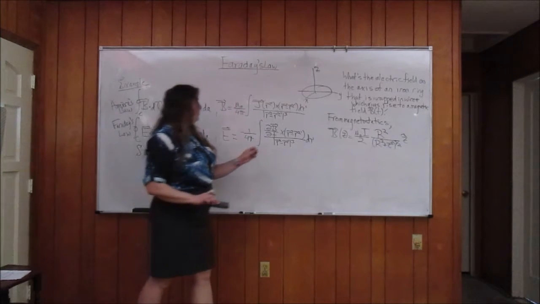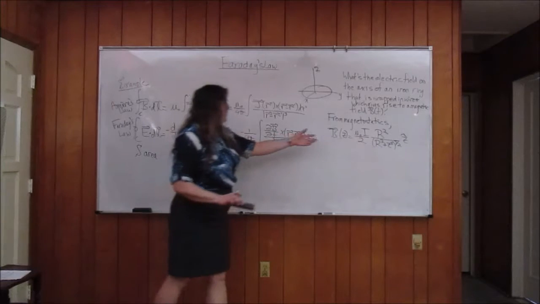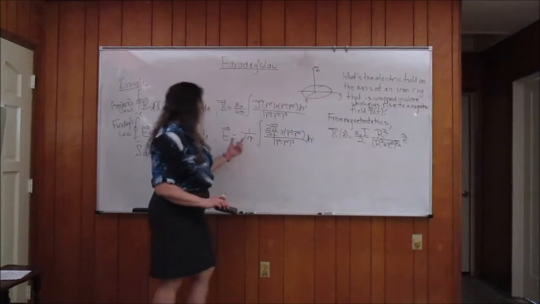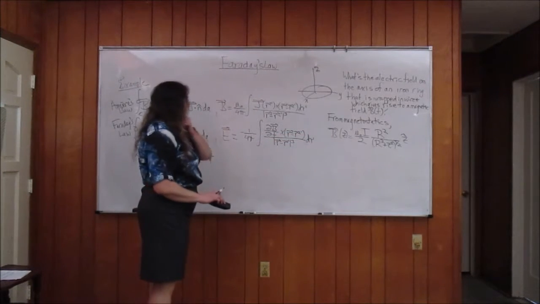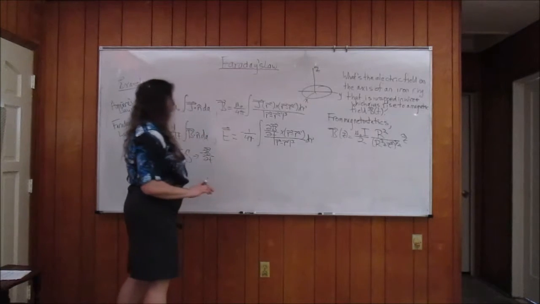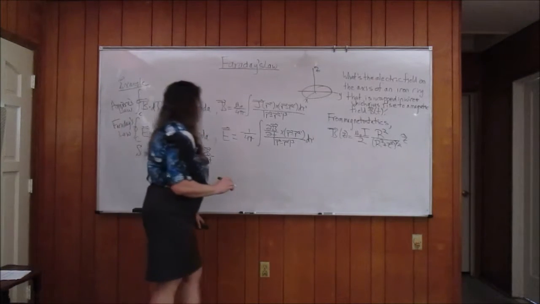So basically what I'm going to do is, by analogy here, I'm going to take this form, and that's going to enable me to write a form for my electric field. So how do I go from one situation to the other?